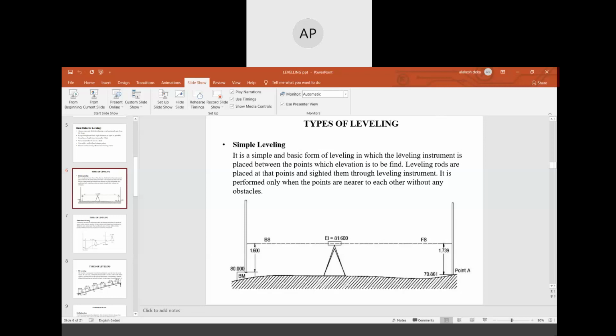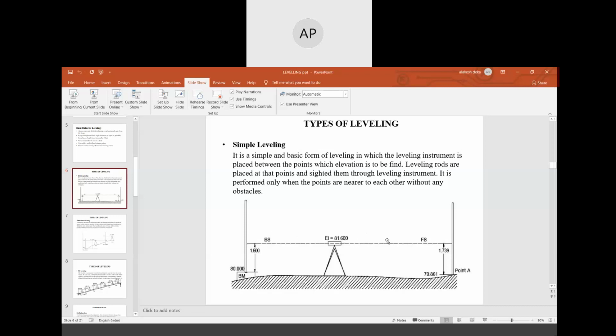So it is the simple and basic form of leveling, in which the leveling instrument is placed in between the 2 points whose elevation is to be found. See here, the benchmark is given as 80, and you have to find out the position of point A. For that you have to take the backsight reading and foresight reading.